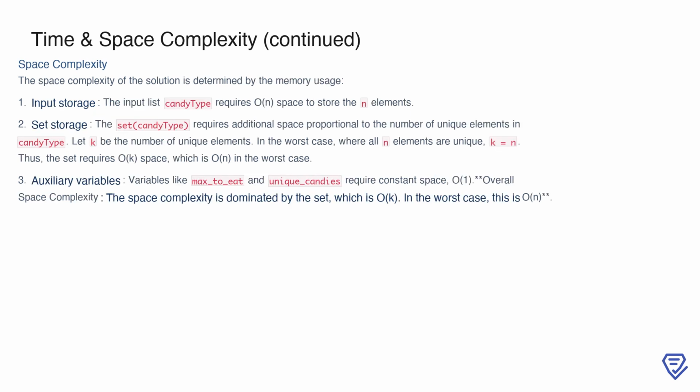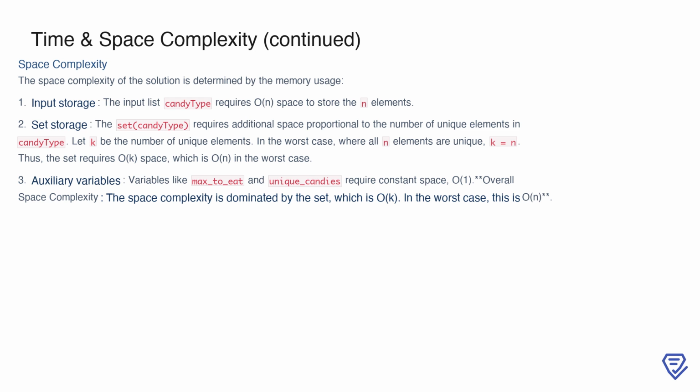Now, let's look at the space complexity of the solution. First, we have the input storage. The candy type list itself takes O(n) space to store its n elements. Next, we consider the space required for the set that is created from the candy type list. The set will store only the unique elements, so if we denote the number of unique elements as k, the space required by the set is proportional to k.